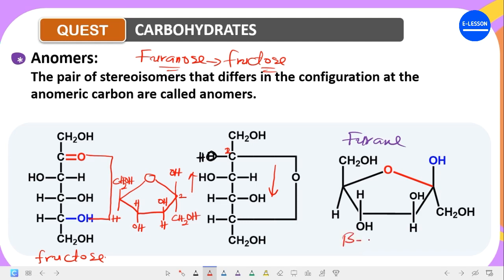So this is beta-D-fructofuranose. We know why it is D, because this OH is on the right-hand side.